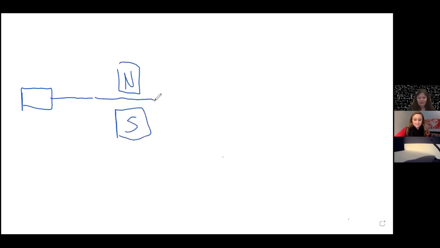They had some sort of, I think it was silver atoms, which they shot through a magnetic field, for example with the North Pole here and the South Pole here. They shot it through this magnetic field, and they saw that they had two different points where the atoms went.